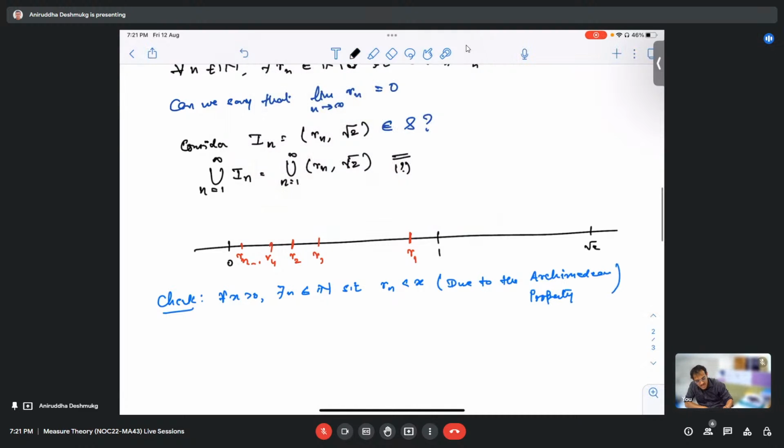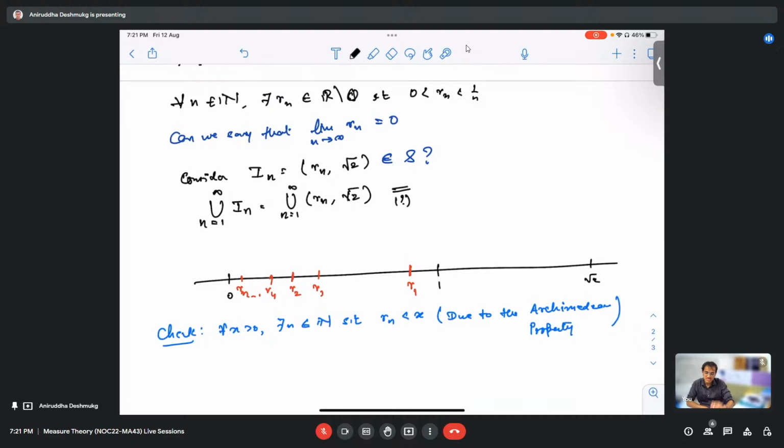So now with this observation, can you tell me what is this union of Rn comma root 2? 0 comma root 2. Correct.